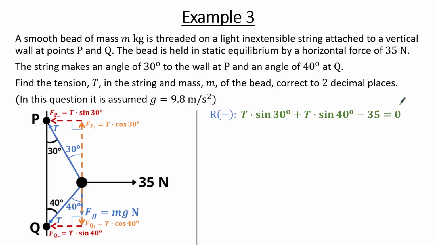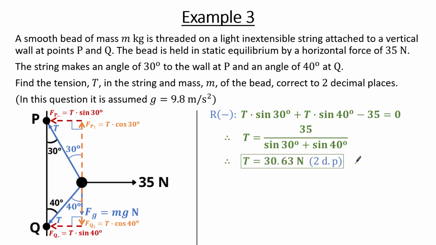Then solving for T, we find that T equals 35 divided by sine 30 degrees plus sine 40 degrees. And because we need the answer to 2 decimal places, T equals 30.63 newtons.